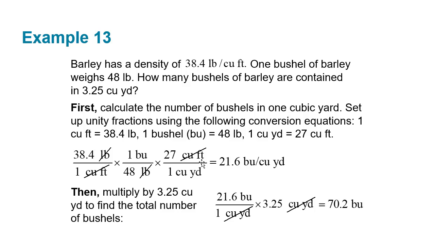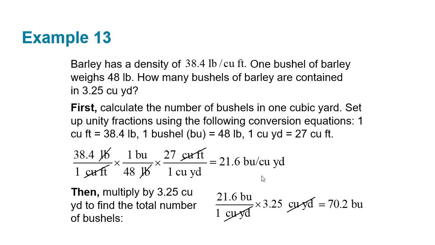Then the last thing we know is that we can go from cubic feet to cubic yards, either by having this memorized, or we would do the 3 feet over 1 yard and do that 3 times, so that we would have cubic feet on top and cubic yards on the bottom. Then the cubic feet would cancel with the cubic feet, and we would have cubic yards down below.